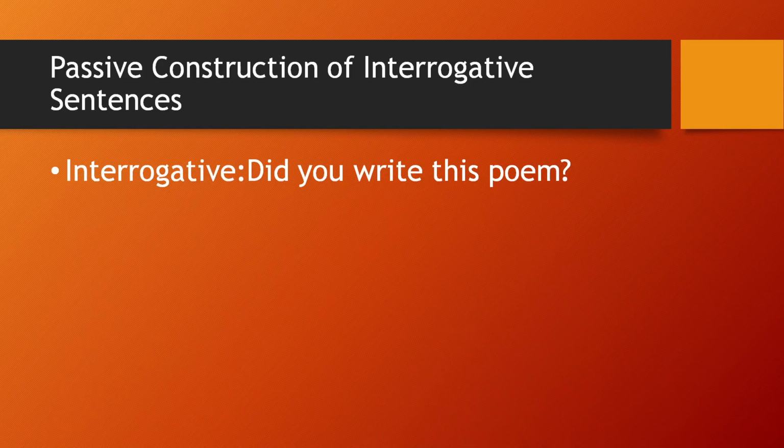If I say someone turned the lights off, active voice, and if we make it passive, the lights were turned off. The lights were turned off by someone, and here by someone can be omitted and it can become an agentless passive. The lights were turned off.